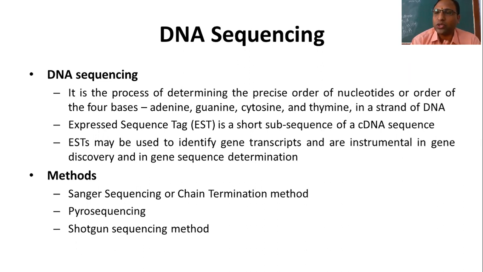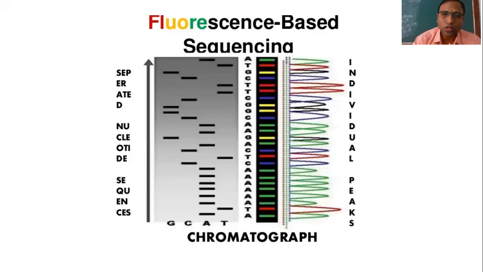So the methods which are used for the bench work basically are Sanger sequencing or chain termination methods, pyrosequencing, and shotgun sequencing methods. So this is a part of the fluorescent-based sequencing chromatogram. In this, after the DNA isolation is done, we run it in the agarose gel.